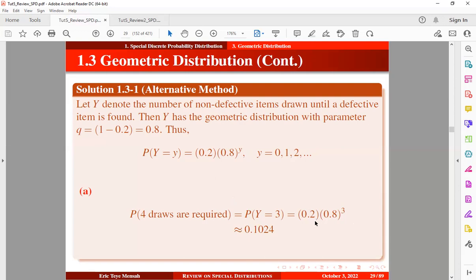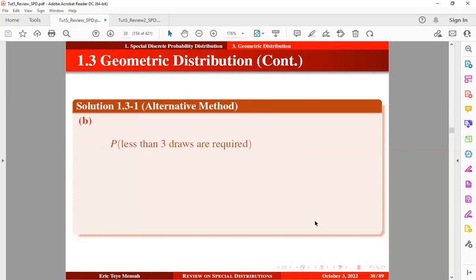Then secondly, we want to find the probability that less than three draws are required until a defective item is found. This is equal to the probability that one draw is required, plus the probability that two draws are required. So basically we're looking at the probability that at most two draws are required, okay?